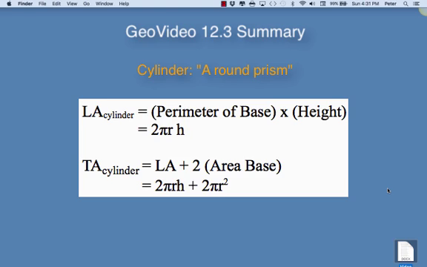So the lateral area of a cylinder is simply 2 pi r times h. The total area is, like a prism, LA, or the lateral area, plus 2 times the area of the base. Now, once again, since a cylinder's perimeter is the circumference and the base is simply two circles, the total area formula can be written as 2 pi rh plus 2 pi r squared.